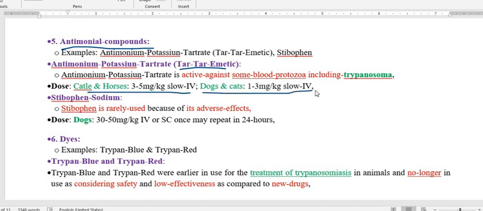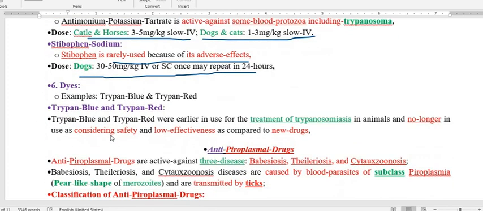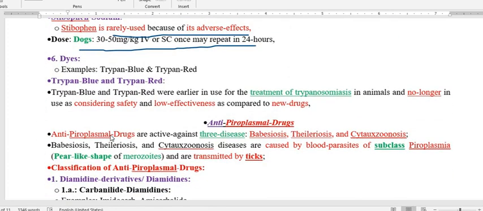The dose for antimony potassium tartrate, that is tartar emetic, for cattle and horse is 3 to 5 mg per kg slow IV, and for dog and cat 1 to 3 mg per kg slow IV. Stibophen sodium is also rarely used because of adverse effects, but the dose for the dog is 30 to 50 mg per kg IV or subcut once, which may be repeated in 24 hours if required.